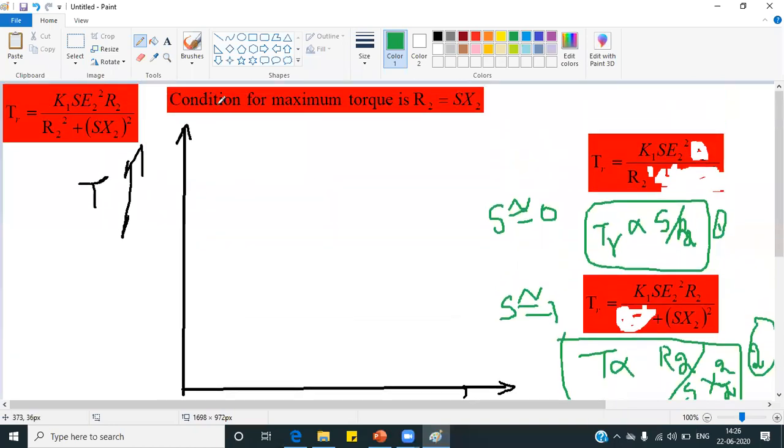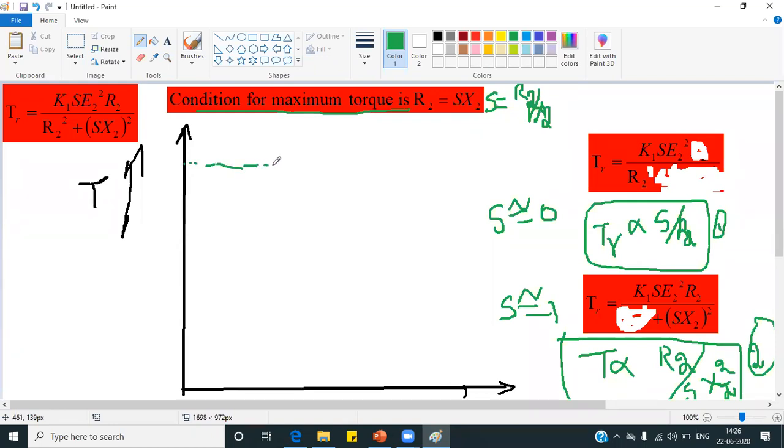Now see, there would be some maximum torque. I'm just rearranging this equation, S is equal to R2 divided by X2. So this is the condition for maximum torque.